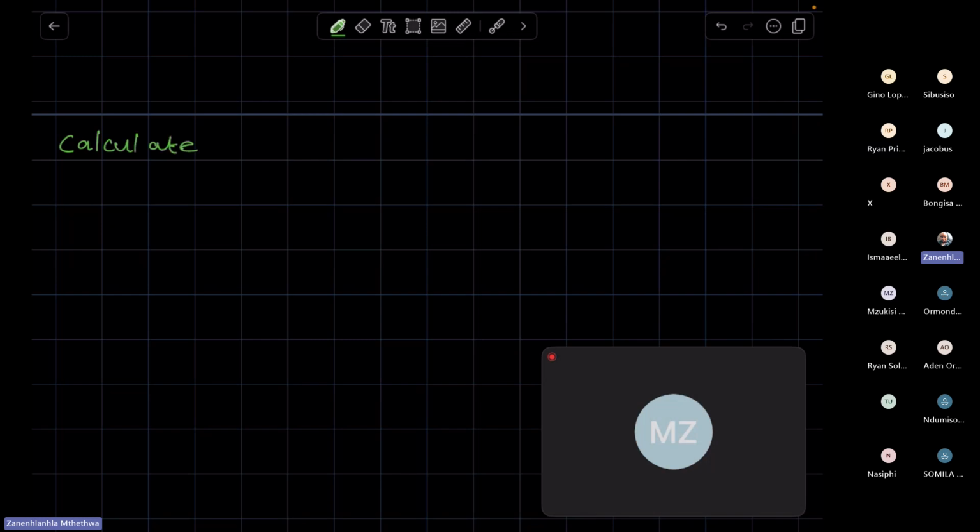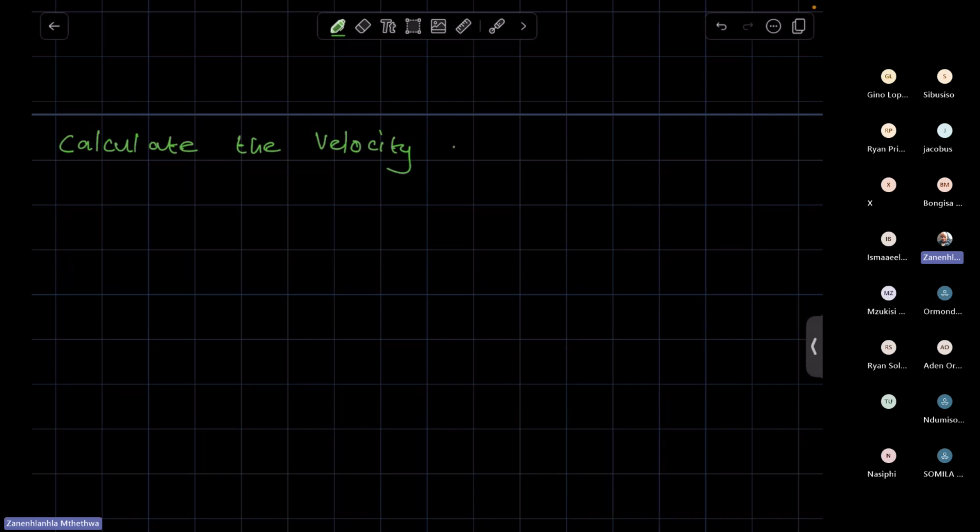So calculate the velocity of, say, A relative to B. Essentially, calculate the velocity of object A relative to B. They could also phrase it as calculate the velocity of A with respect to B. So they could use any word that is essentially a synonym to relative.